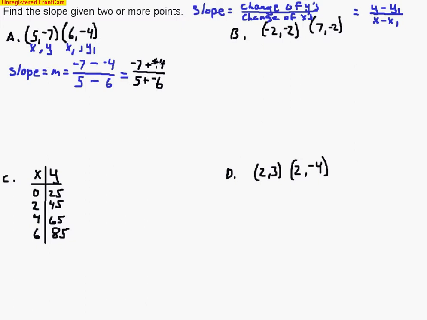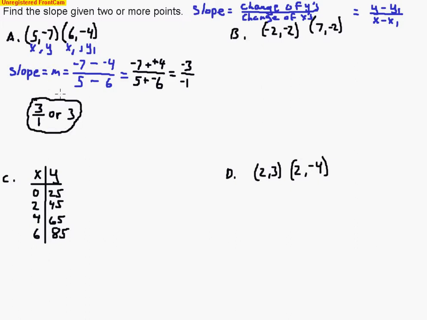I add the opposite to make the math a little bit easier, because I remember the rules with addition, and my rule is if they're opposite signs, I subtract. So here I'm left with -3 all over -1. Well, that slope can be written as 3 over 1, or we could just write it as 3. So either way, that would be our slope.